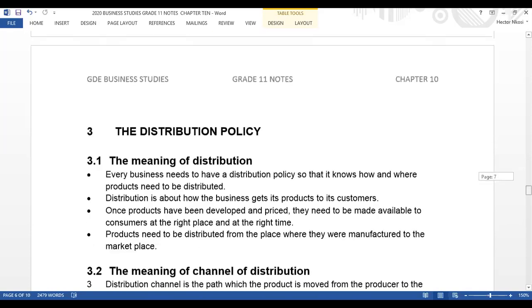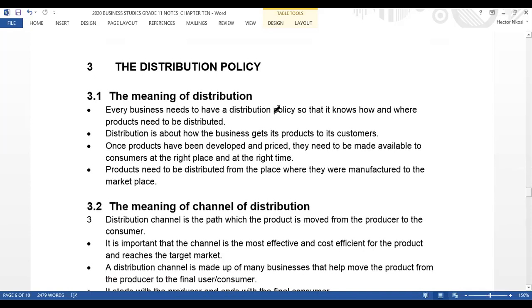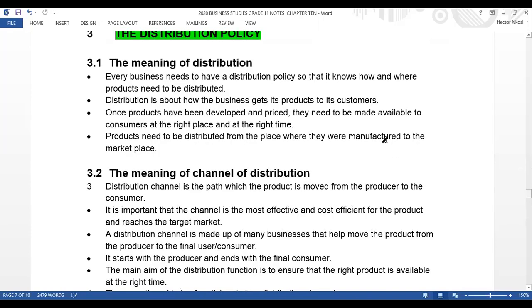Now, we're looking at the second component of this chapter, which is your distribution policy. Now we are done with your pricing policy. We're not going to finish distribution today, we're going to finish it tomorrow, but we have to start it now.